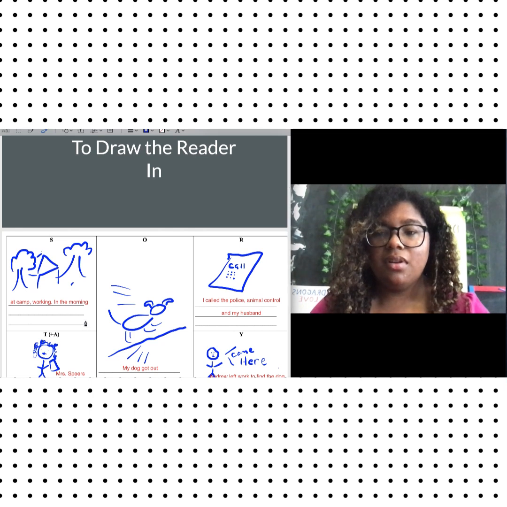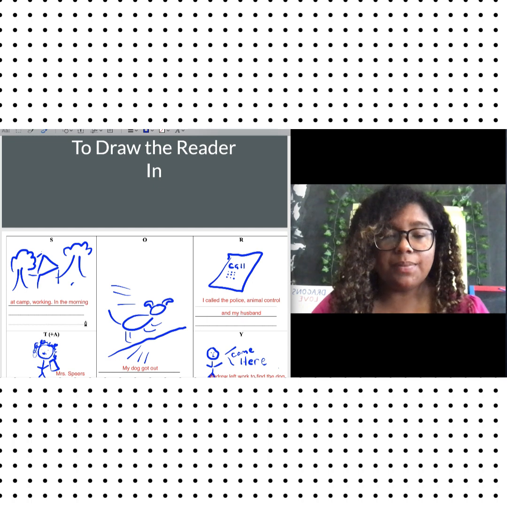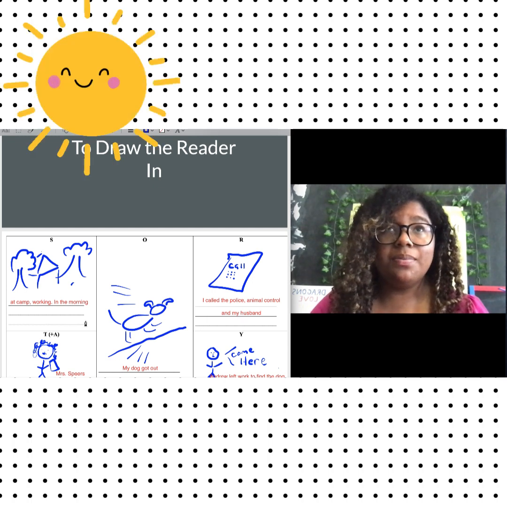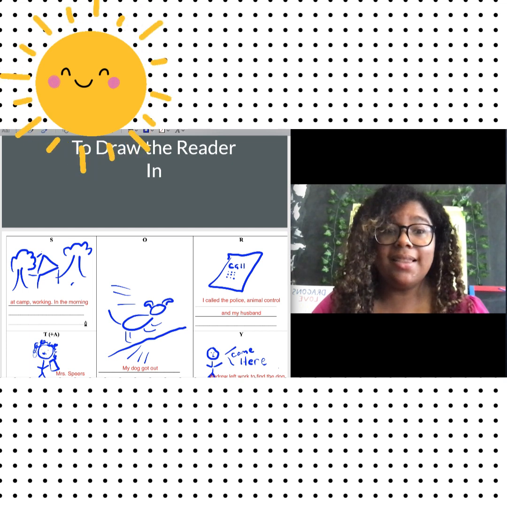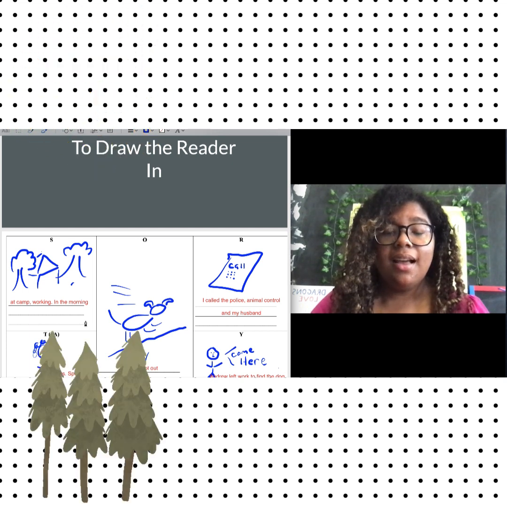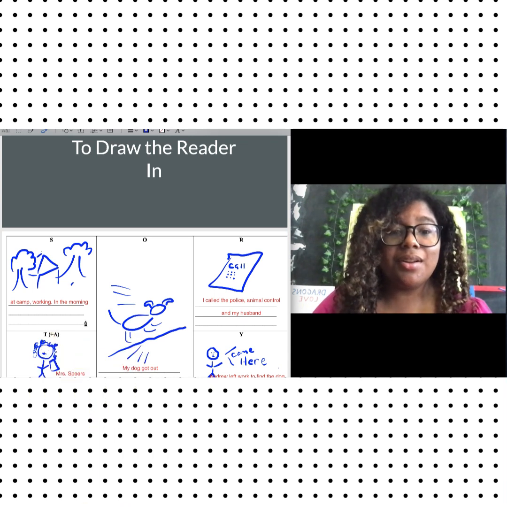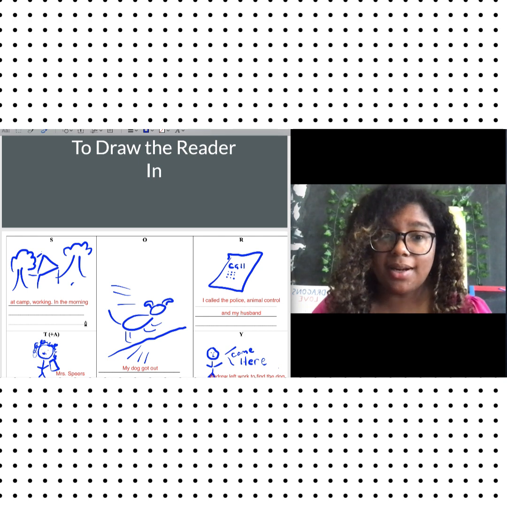So, I was at camp, I was working, and it was in the morning. So I remember the sun was blazing high. I could see it in the sky. I could smell the trees. I could smell the plants and the grass because I was at summer camp.